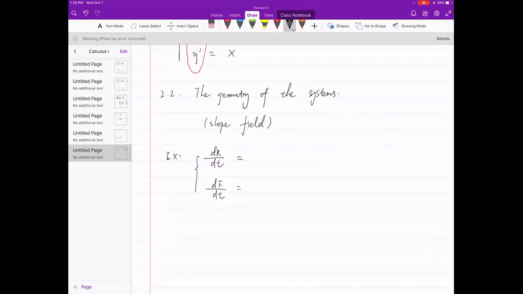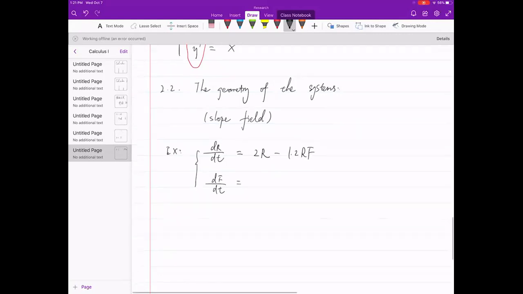Okay, the example we have is dR/dt = 2R - 1.2RF, and dF/dt = -F + δRF.